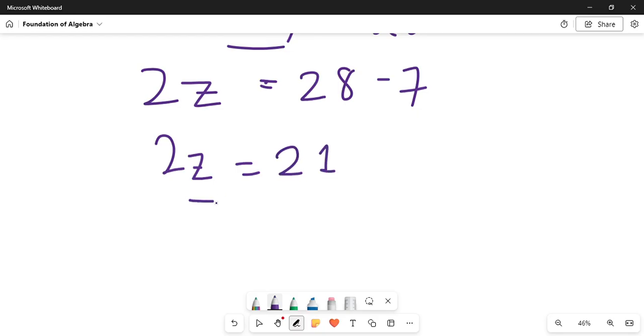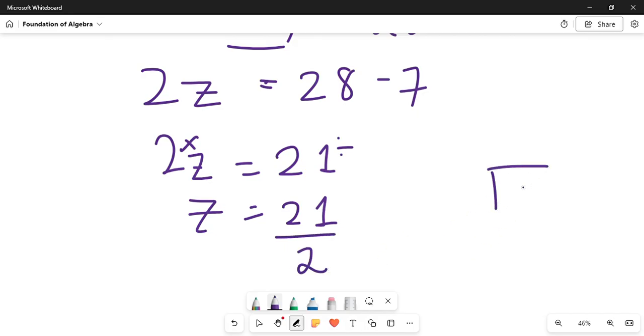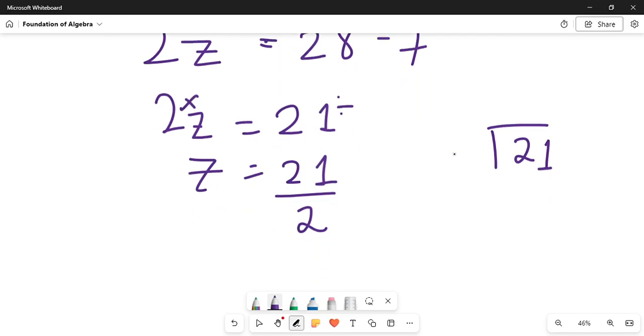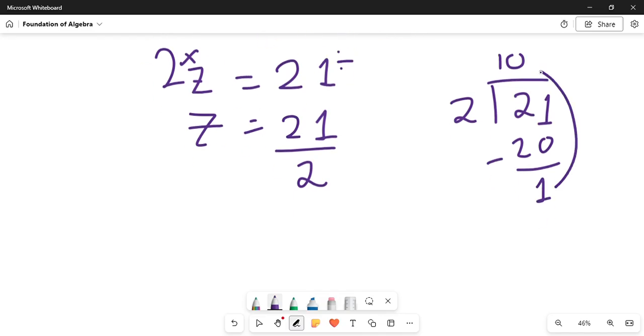So z equals, because it's been multiplied here, on the other side it's been divided, so 21 divided by 2. So let's just write in the mixed form. 2 10s are 20. Minus, we get 1 here, so this moves up.